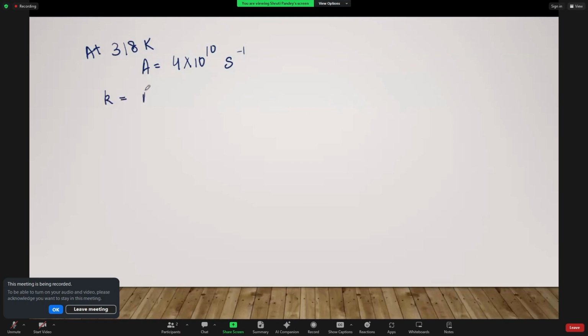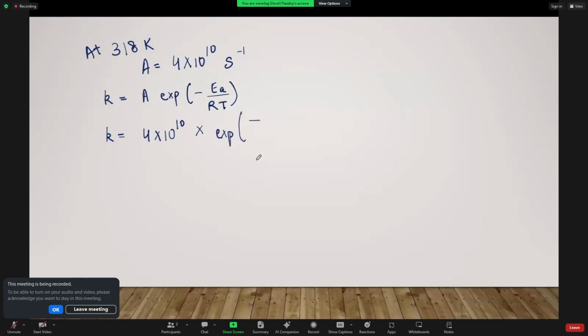K will be this value of A into exponential minus Ea by RT. A is 4 into 10 to the power 10 into exponential.